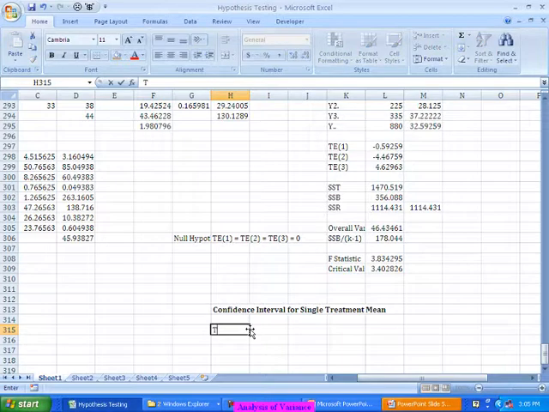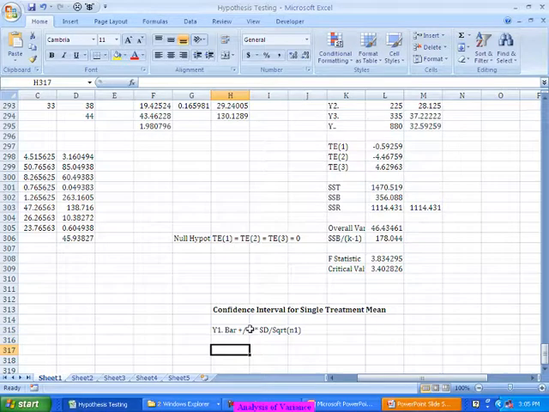I'll take the treatment mean y1 dot bar plus or minus t times sigma by root n, where n is n1.